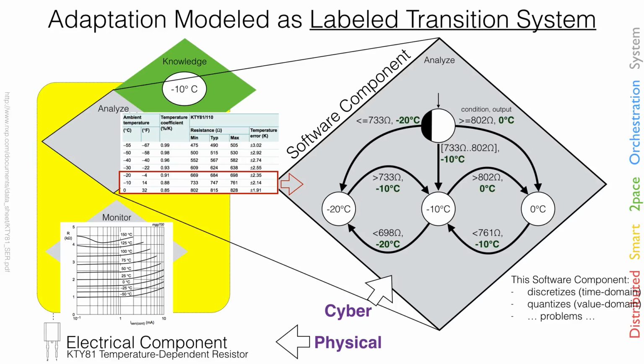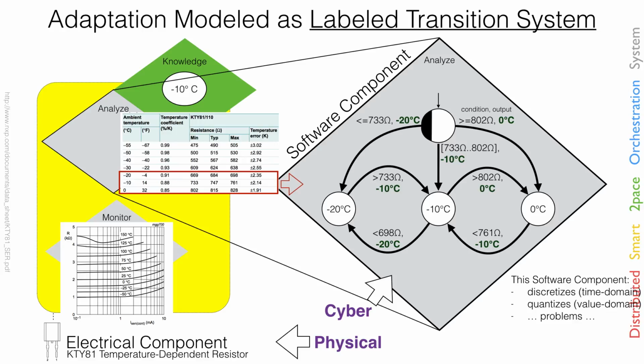The reason is simply that we want to have a relatively simple automaton, so of course you could model many more ranges here. What we want to have in the end of our exercise is that we know that it's, for instance, -10 degrees, or that it's -20 degrees, or that it's 0 degrees.